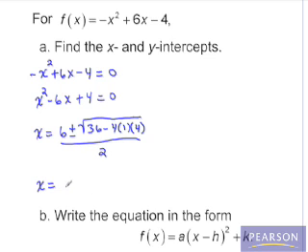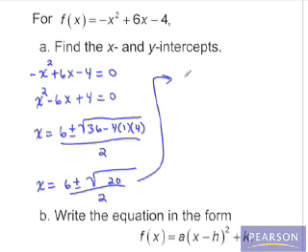Simplifying further, we have x equals 6 plus or minus the square root of 36 minus 16, which is 20, all of that over 2. And simplifying further, we have x equals 6 plus or minus the square root of 20 is 2 root 5, and that's all over 2.